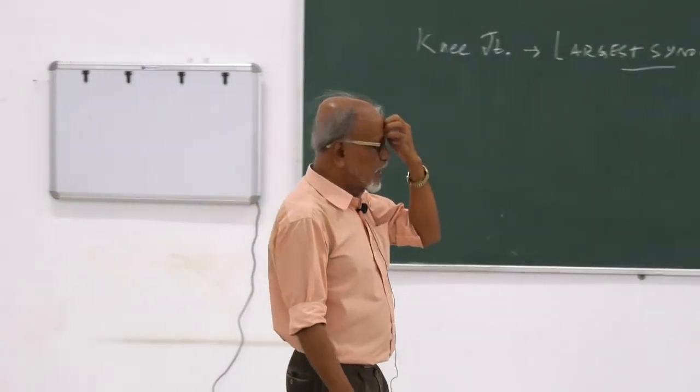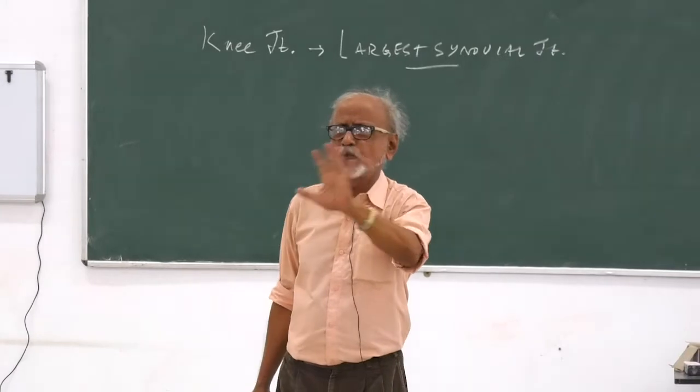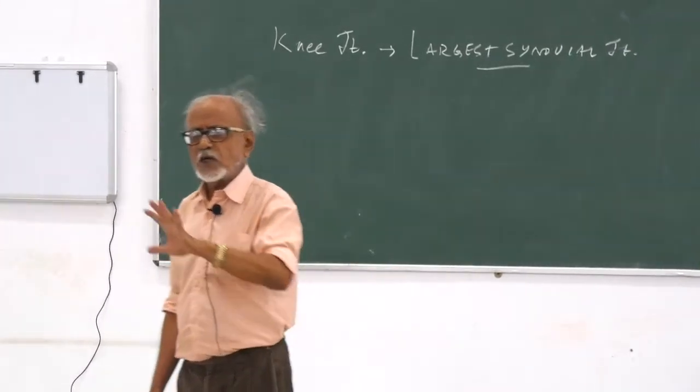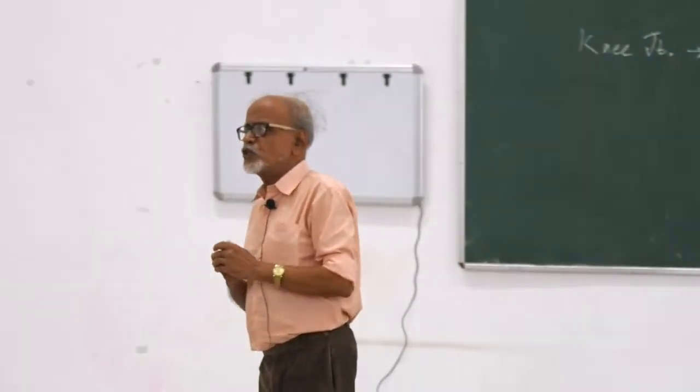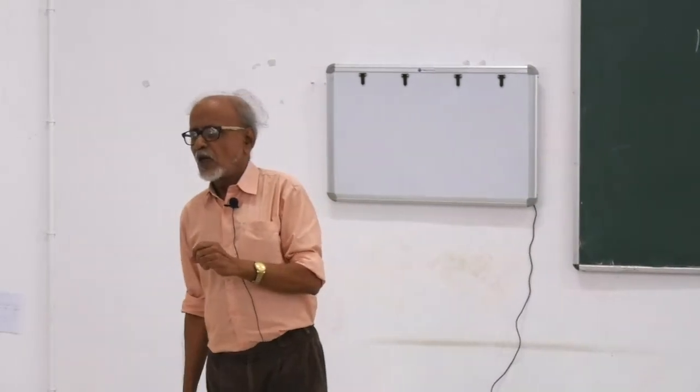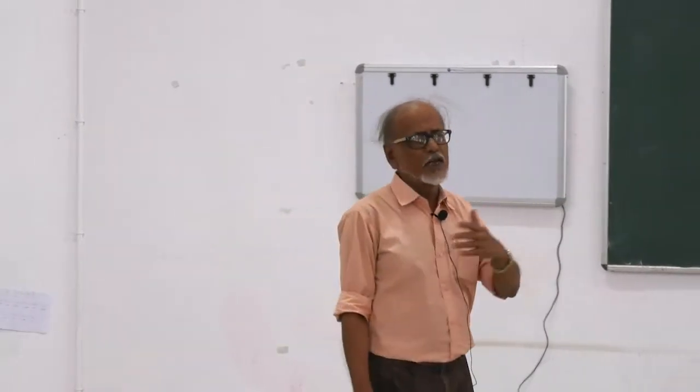So as a student of anatomy, you have to know the basic structure of the knee joint. Obviously it is not a simple synovial joint, as you can readily appreciate.